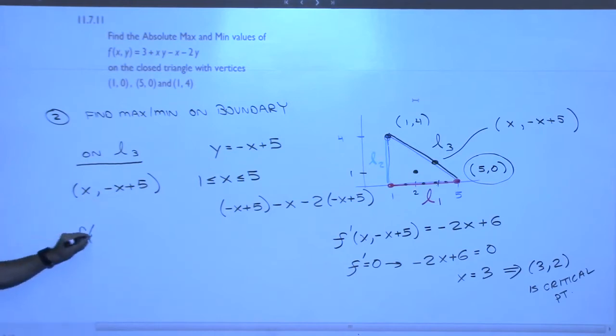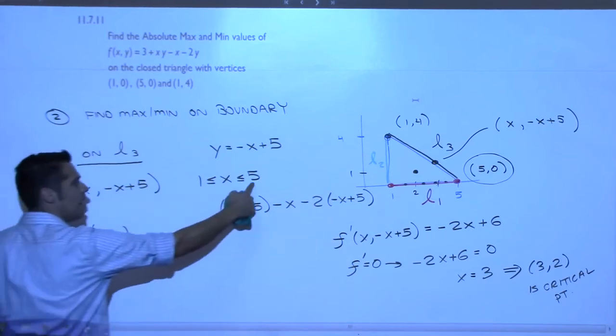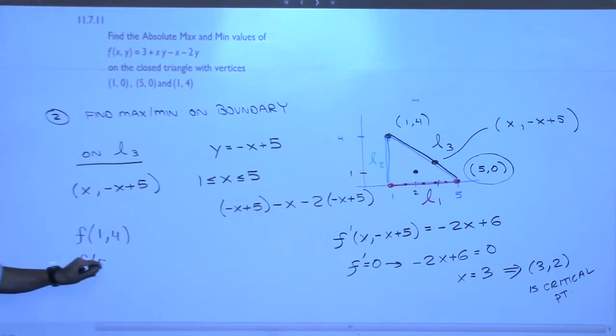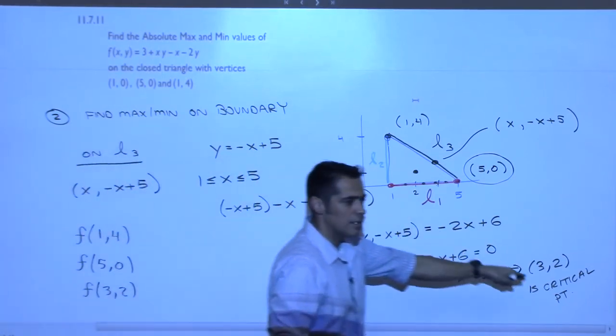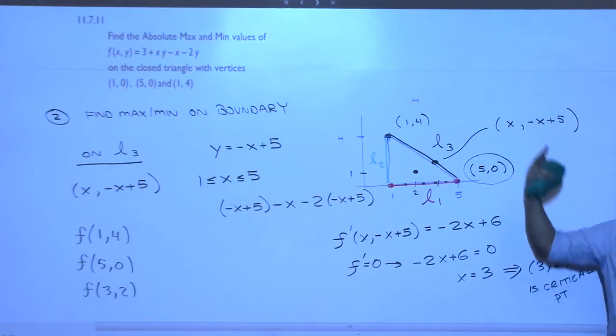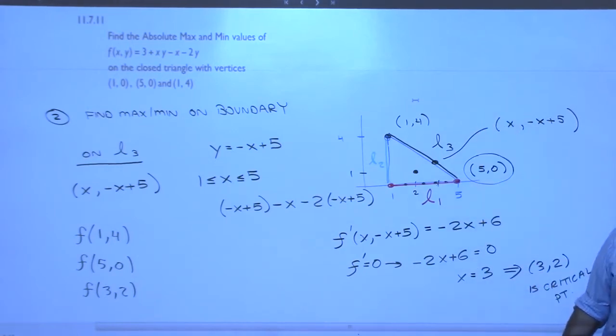Put 1 right here. We get 1, 4. Replace the x with 5. I get 5, 0. And then replace the x with 3. I already know what happens. I get 3, 2. So I'm taking the two endpoints and the critical point, and I'm going to plug all those into the original function and see what we get.